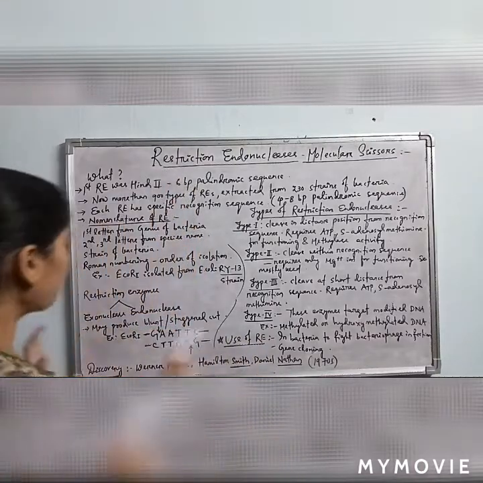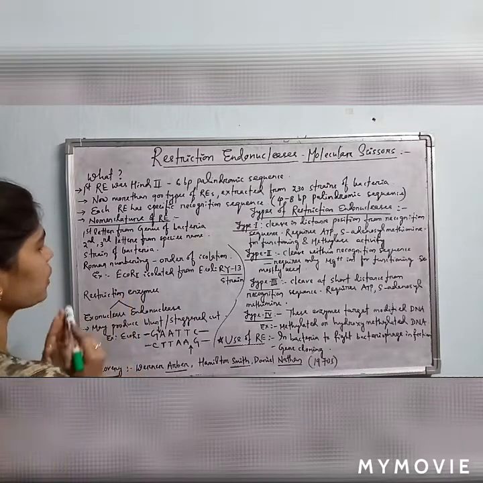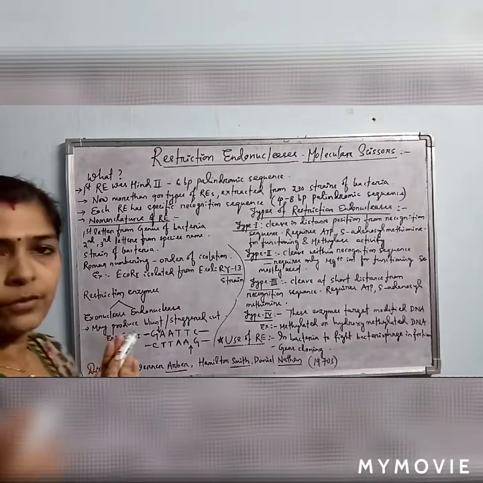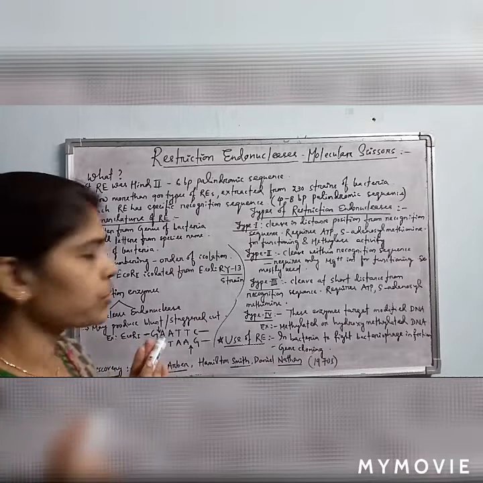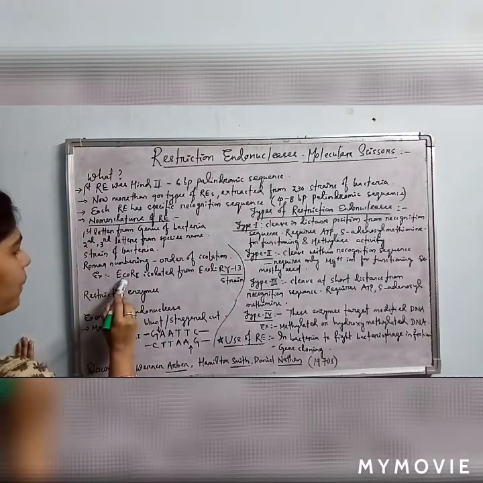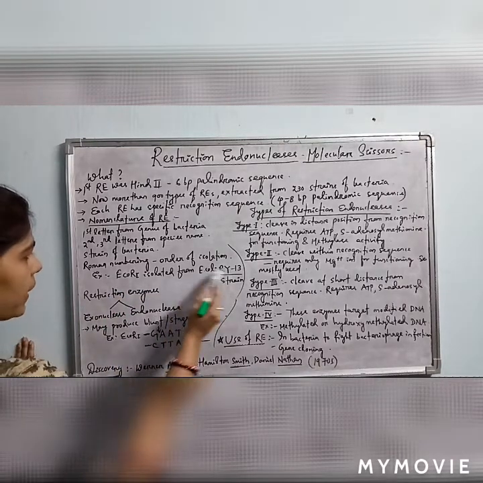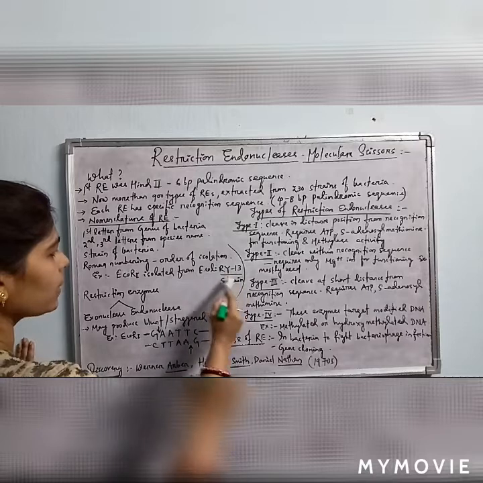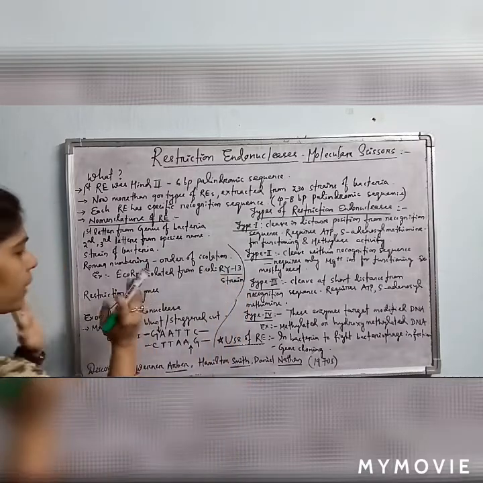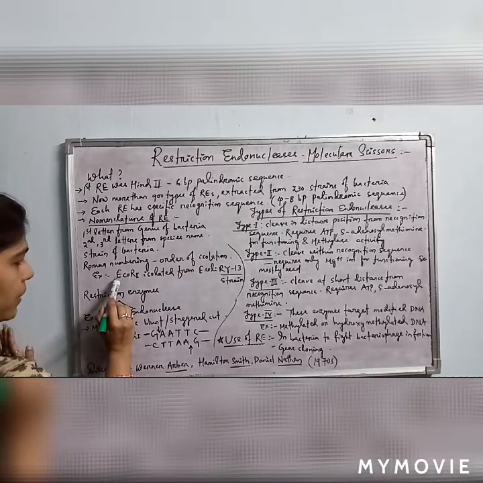Okay. Example, it is EcoR1. It is the most common and mostly used restriction endonuclease in gene cloning or recombinant DNA technology. This EcoR1 is isolated from Escherichia coli bacteria. So E is from the E. coli bacteria, E. coli RY13. RY13 is the strain. So coming to the nomenclature, how it is named: from Escherichia, the first letter has been taken.